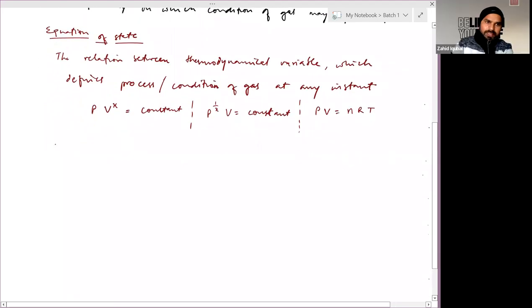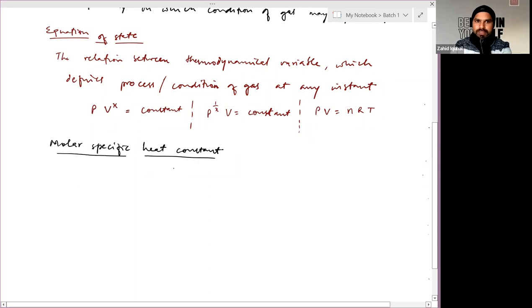Now, related to this part, for all different processes, we have to calculate molar specific heat constant, which I have already defined in the last chapter. It is the amount of heat required to raise the temperature of gas at a given condition by 1 degree centigrade.